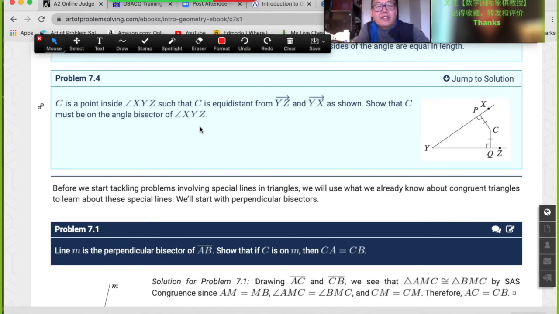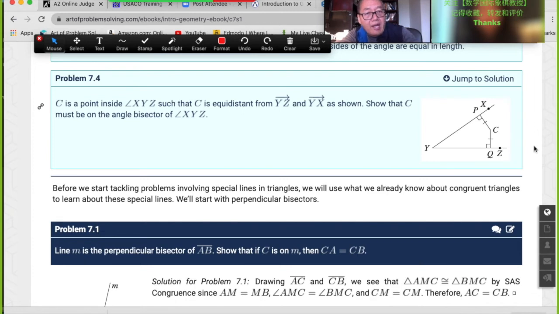The question is, now here they switch the conclusion to the condition. You know, in the previous problem, they give you that C is on the angle bisector. Then they ask you to prove CP equals CQ. In this problem, they give you CP equals CQ. Then they ask you to prove C is on the angle bisector of angle XYZ.